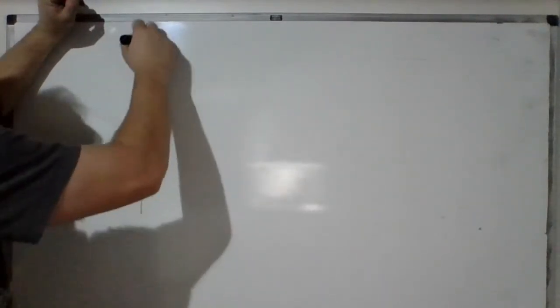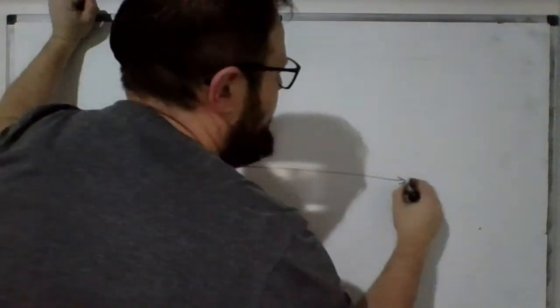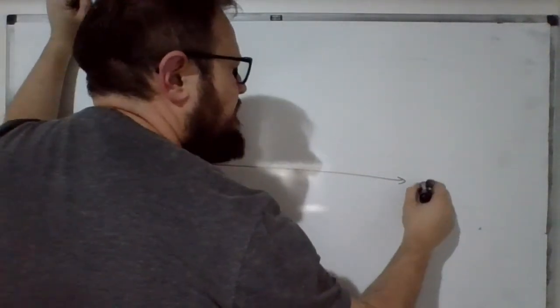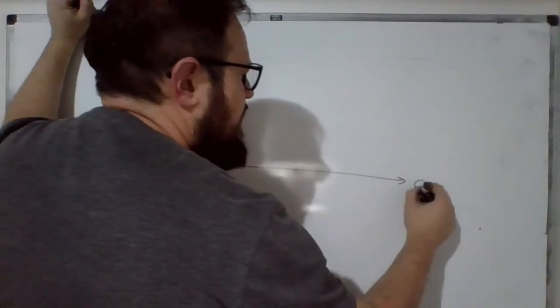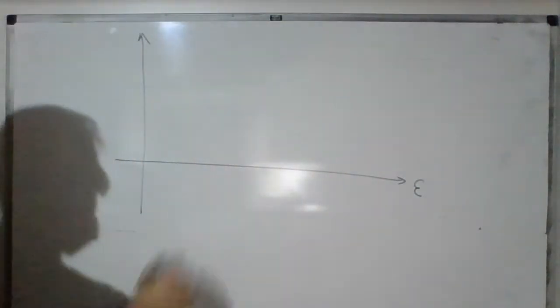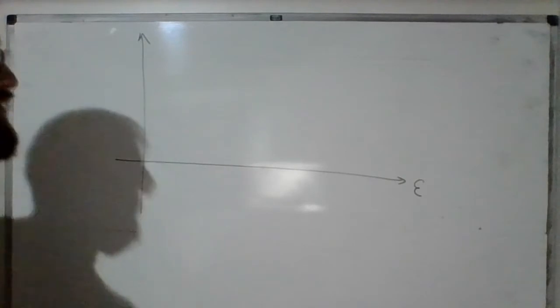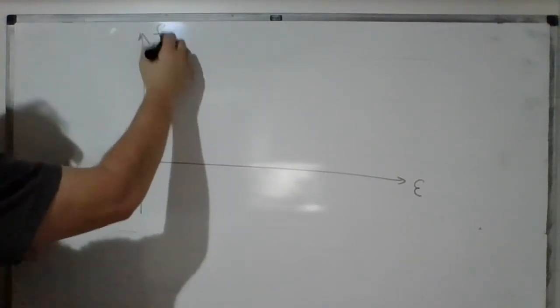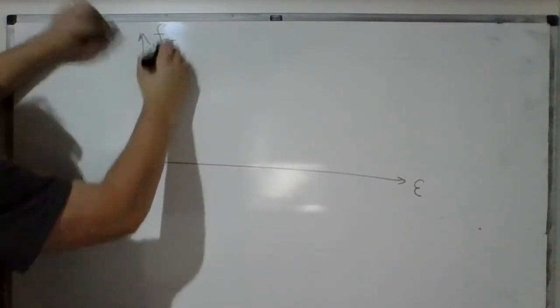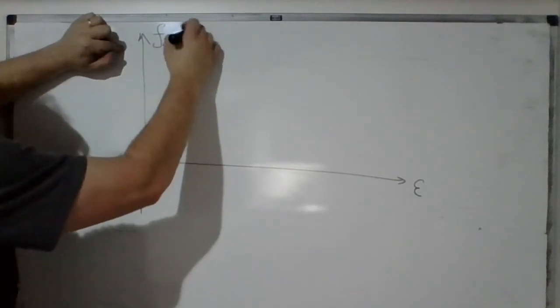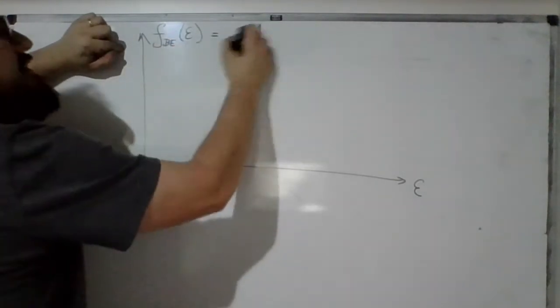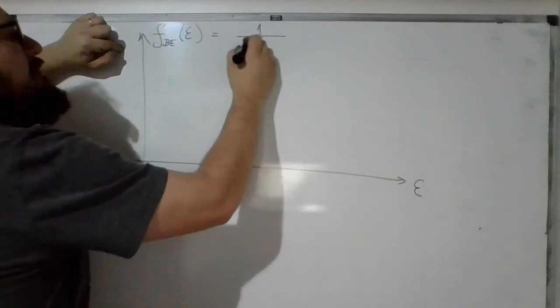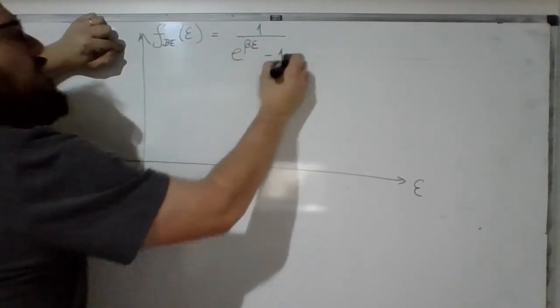So if you want to graph the equation, you have the following as a function of the energy here. You have a function which is usually written as F BE here, just to remember Bose-Einstein, as a function of the energy. It is the exponential of beta E minus 1.